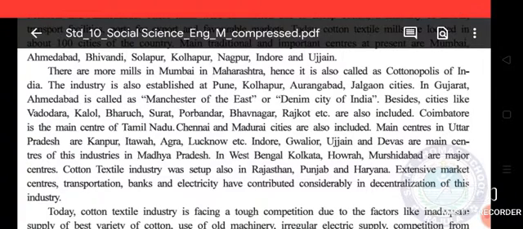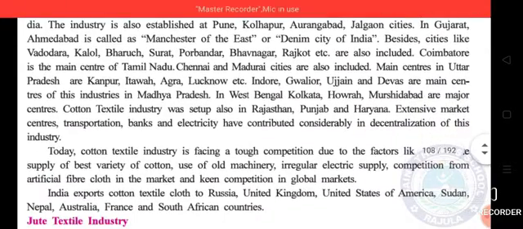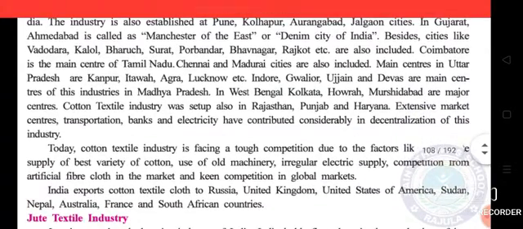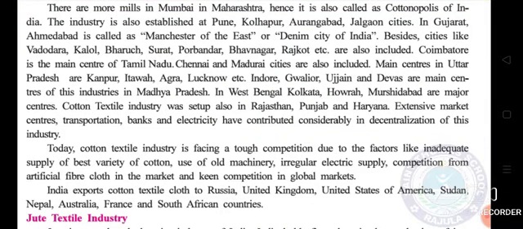Extensive market centers, transportation, banks and electricity have contributed considerably in decentralization of this industry. For these industries, transportation is needed, market centers are needed, and also banks and electricity, everything is important for the textile industry.